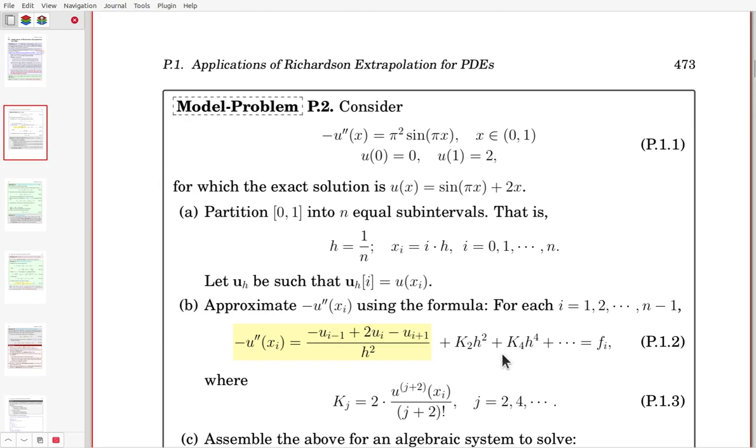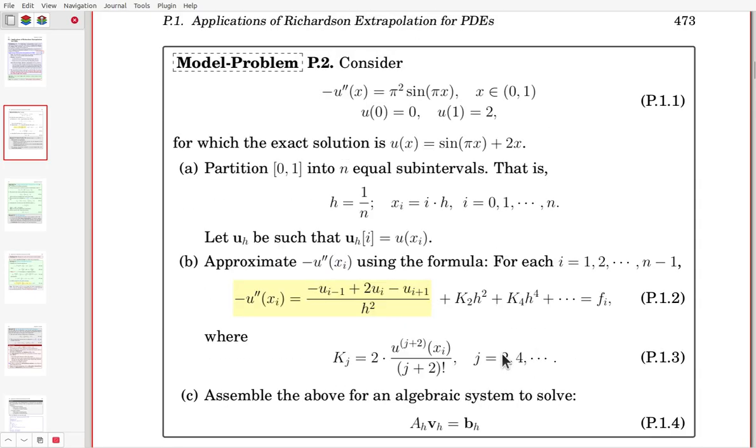Okay. Here we have the model problem. We consider this simple differential equation, minus u second derivative equals f, which is pi squared sine pi x, from 0 to 1. At the left edge point the value is 0, and at the right edge point the value is 2. So it is sort of the simplest equation.